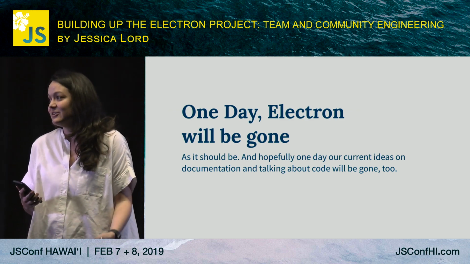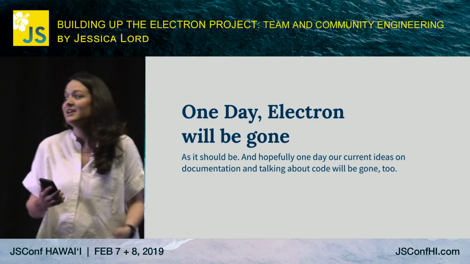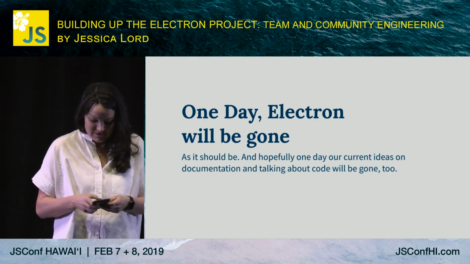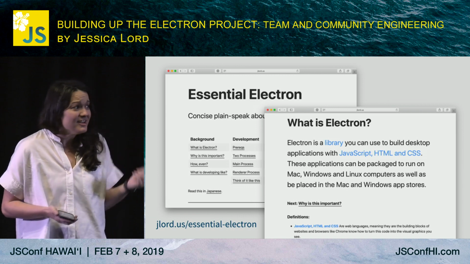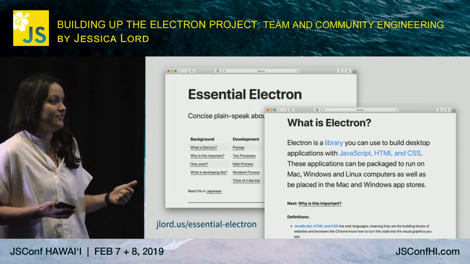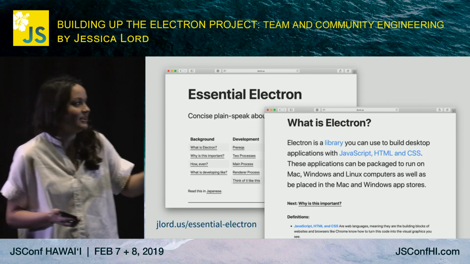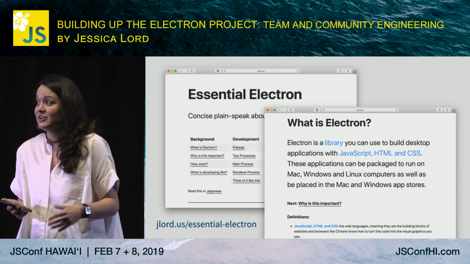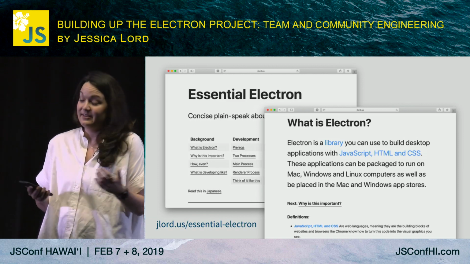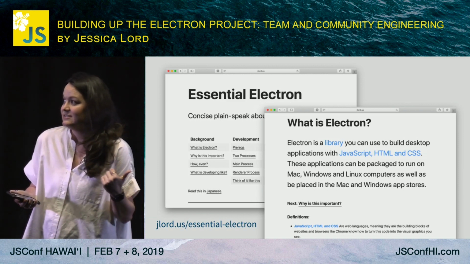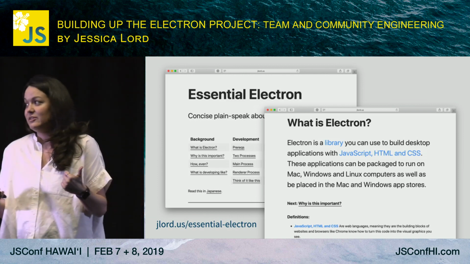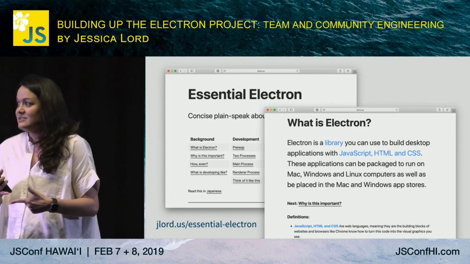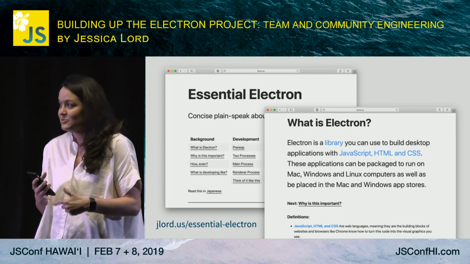And I also hope that our current ideas about documentation and talking about code will be gone too. Another thing I did outside of my official Electron capacity was challenge myself to try to explain Electron in the simplest terms I could. And so I created this site, Essential Electron, with the limitations that each section has to be 2 to 3 sentences.